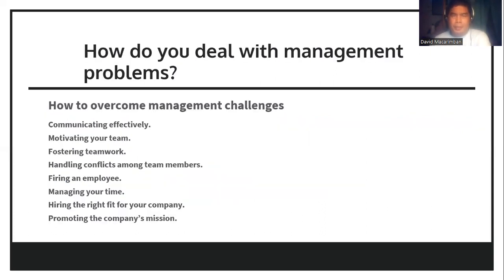How do you deal with management problems? So, para natin ma-overcome some management challenges, we have to communicate effectively. Kausapin natin yung mga tao natin.